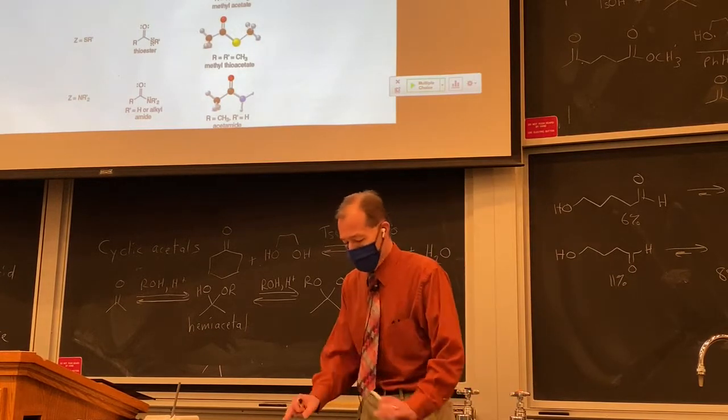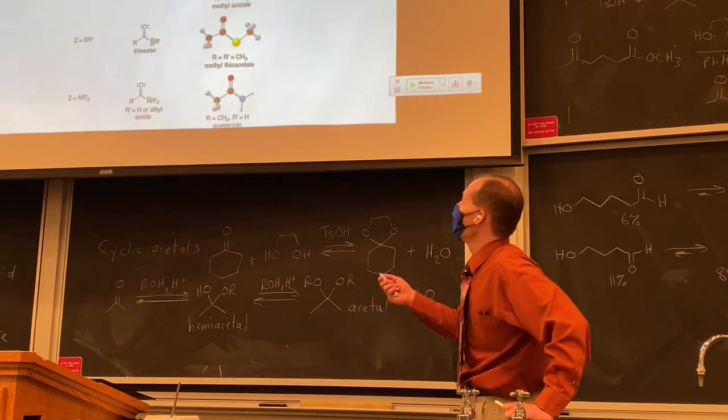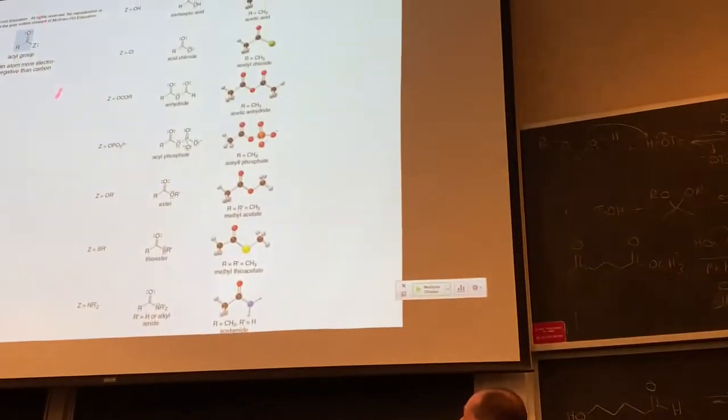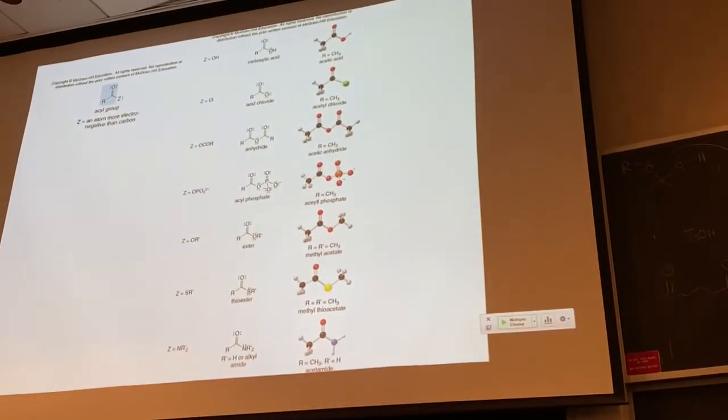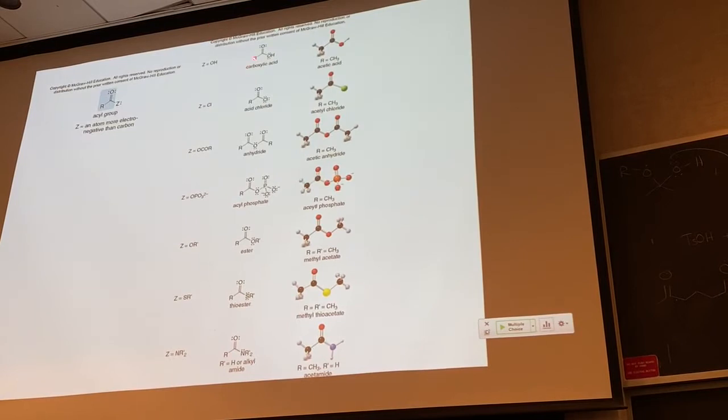Okay? So on the screen here, this is an acyl group. We know what acyl groups look like. We've seen them before. Here's our carboxylic acid. It's up at the top of the slide because it's the parent compound from which all these derivatives are derived. And then the derivatives themselves are listed in order of descending reactivity or increasing stability.